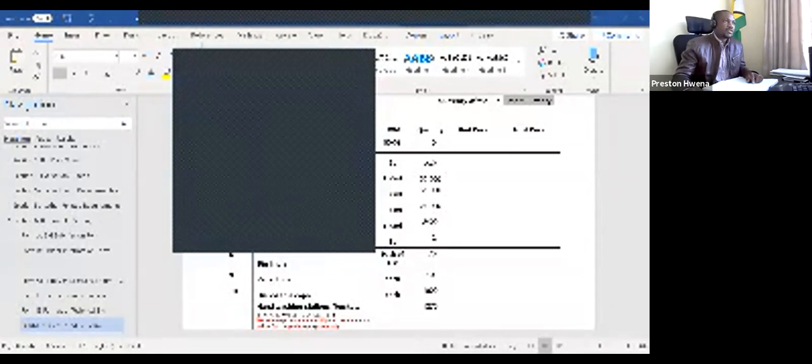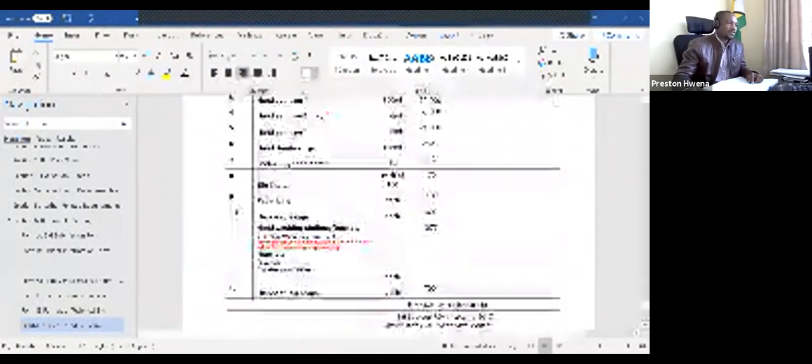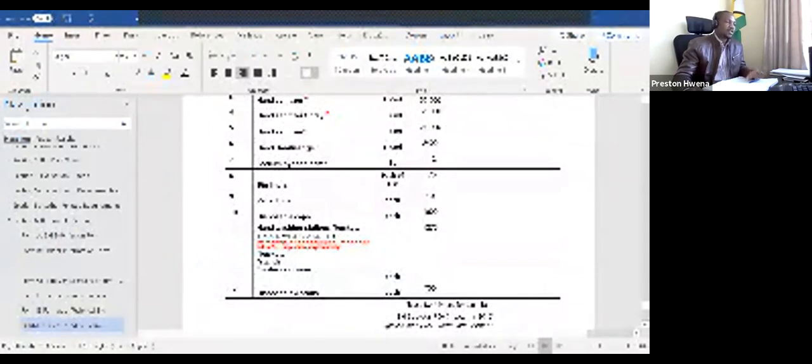So I'll proceed. Please take note that when I send my clarifications, I'll also add a note to say we have updated this section, and I'll immediately upload the same updated version of the document on our tendering notices.